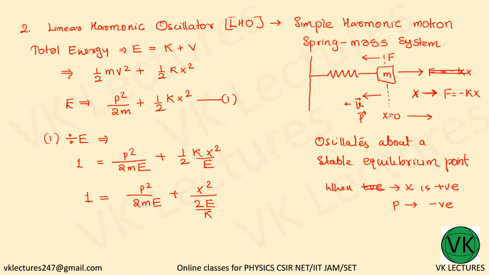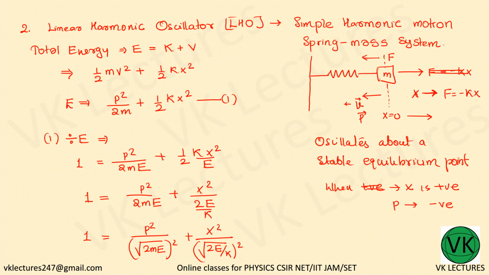Now what we can do is 1 is equal to p square divided by root of 2mE whole squared plus x square divided by root of 2E by k whole squared.